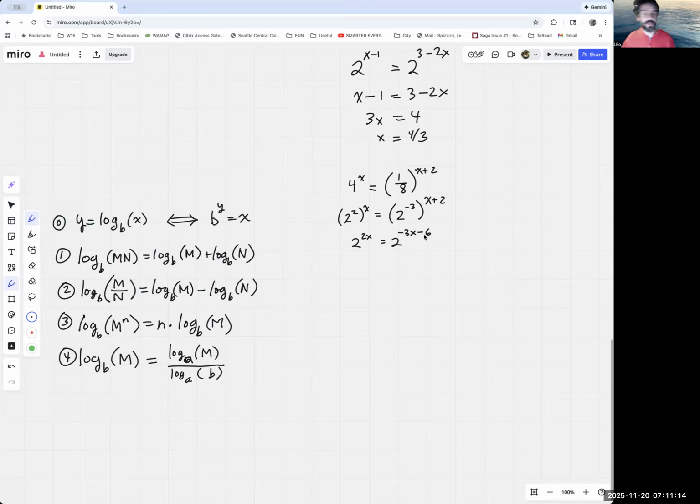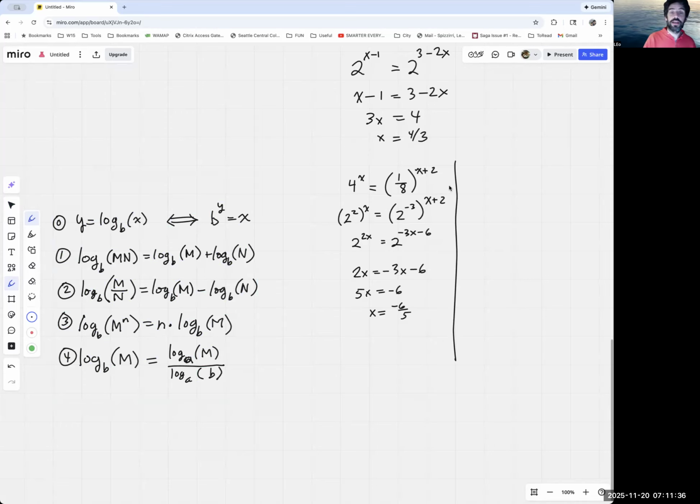All right, so I've manipulated them to become the same base, and now I can use that property. 2x is equal to negative 3x minus 6, or 5x is equal to negative 6, or x is equal to negative 6/5. Okay.